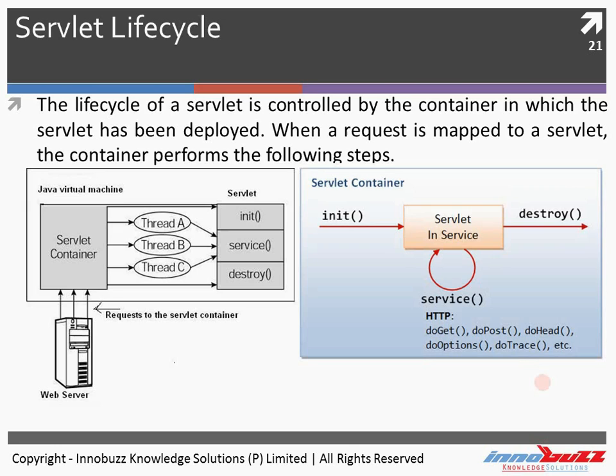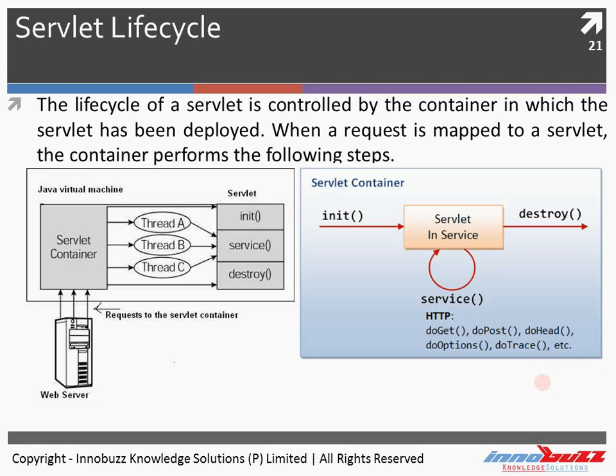So this is how the lifecycle methods work: init, which is called only once in a servlet, to initialize the servlet instances, and the service method, which based on the HTTP methods will process accordingly in doGet, doPost, doPut, or doDelete kinds of methods.